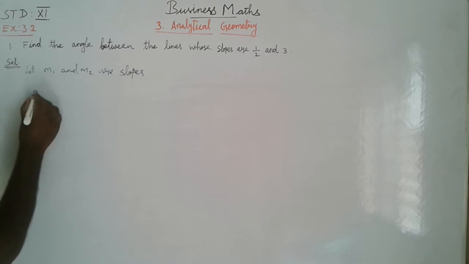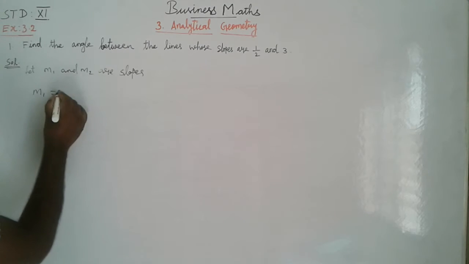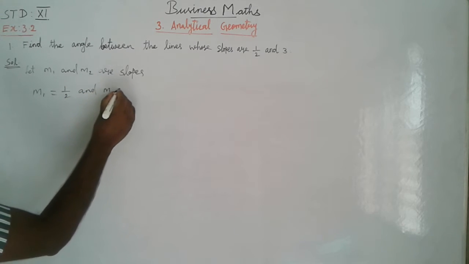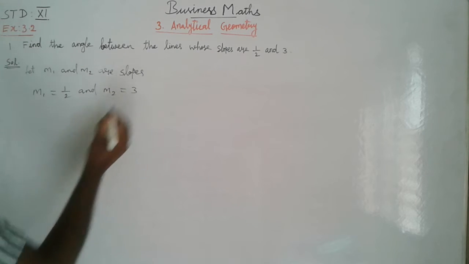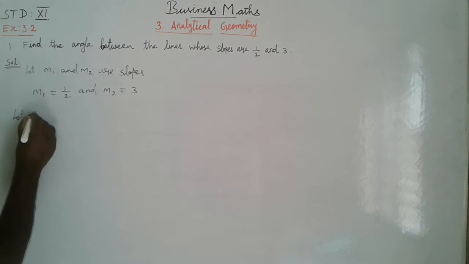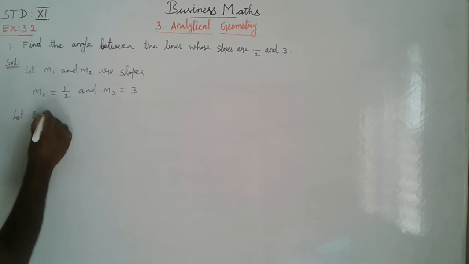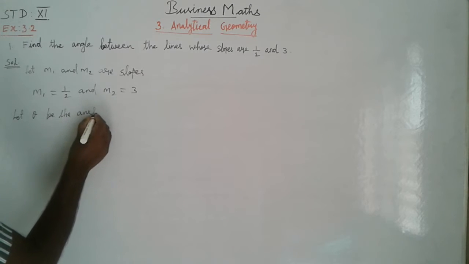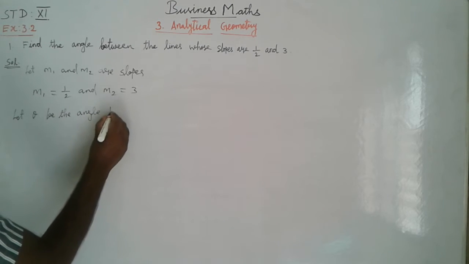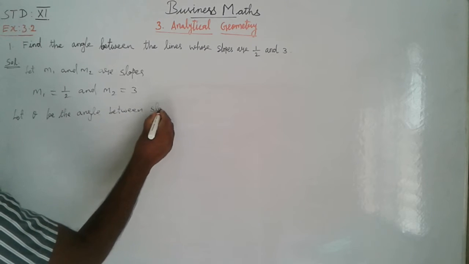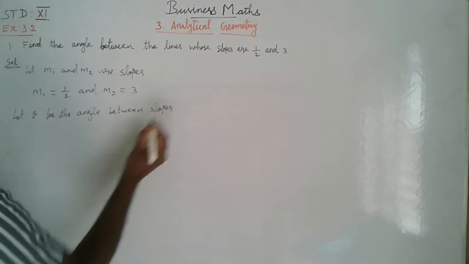Then m1 equals 1 by 2 and m2 equals 3. Let theta be the angle between the lines.